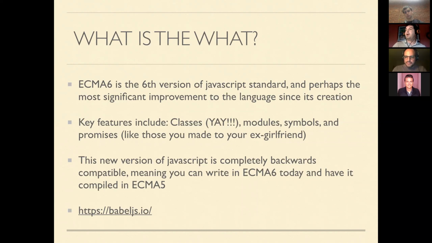So one thing I do appreciate is previous versions of JavaScript did not have classes at all. So it made object-oriented programming a nightmare. And hopefully everyone understands what that means.